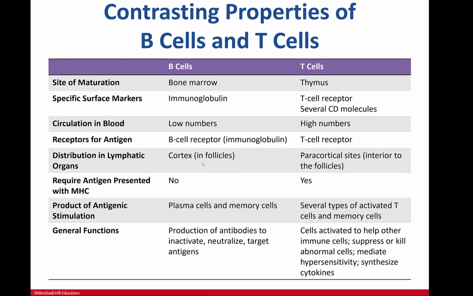Distribution in lymphatics goes to the cortex and follicles. The T cells go in the paracortical sites, interior to the follicles. Those are the ones that, if they're regulatory, they get the fancy rooms, and they're sort of the control parts of the lymphatic organs. Required antigen presented with MHC.